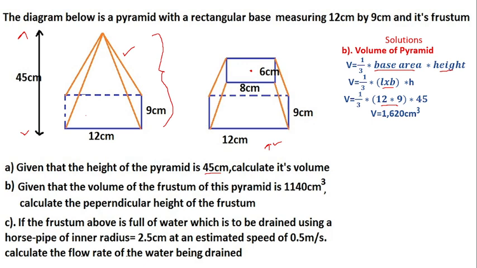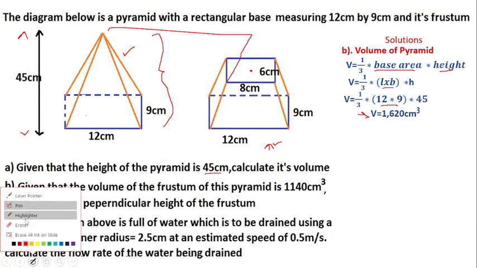Now remember that this frustum is part of the pyramid, of which we have calculated its volume, and the volume of the pyramid, it's this one right there. So what this means is that the volume of this frustum should be subtracted from the volume of the pyramid that we have calculated, right? Look, the missing part here is the top part.